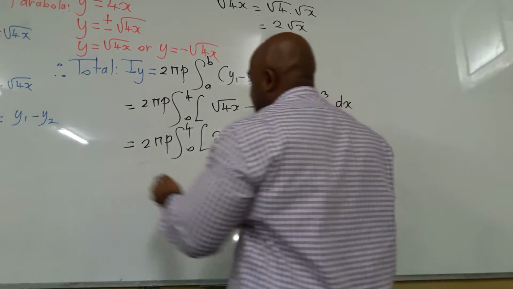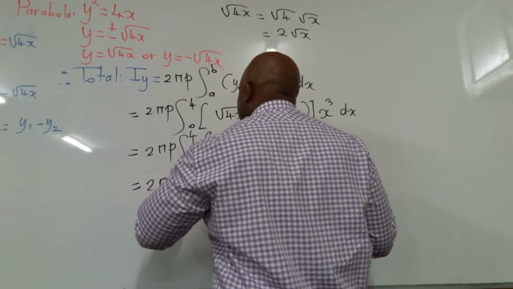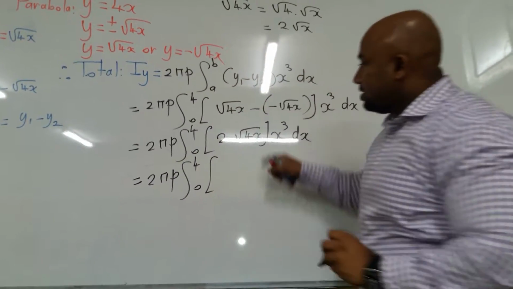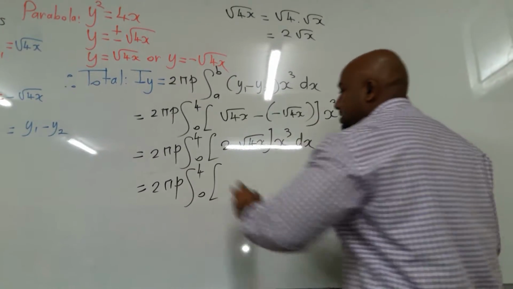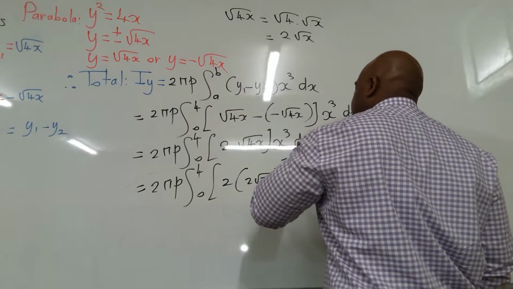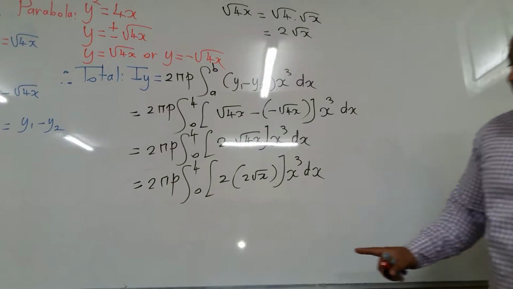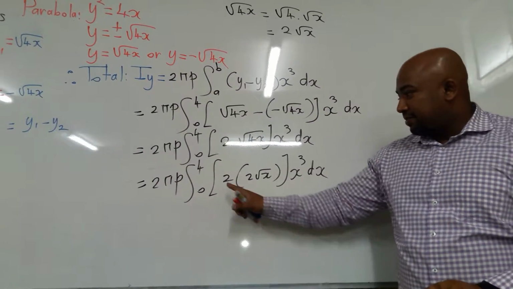So now let's rewrite it here. So the square root of 4x is 2 root x. Now I can multiply. You can see that. I can multiply this.